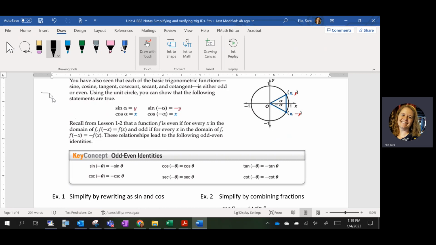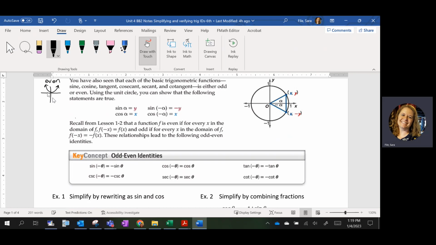So a quick refresher. We initially learned them with like a quadratic. We said this was even because it was symmetric about the y-axis. Do y'all remember that now that I say it? You can fold it over the y-axis and everything matches up, so it's an even function.